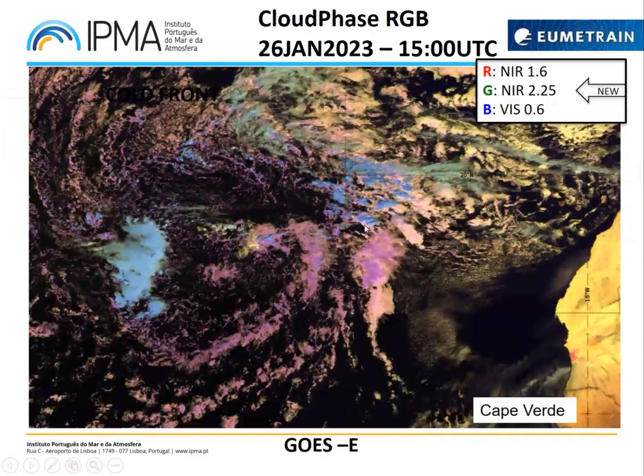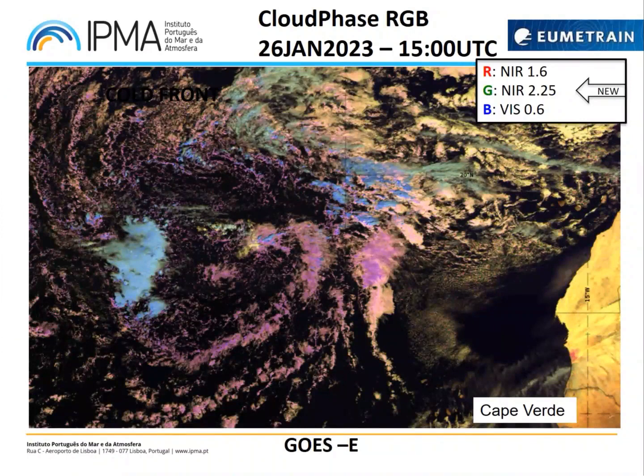And this is a different view, from a different perspective, of the low pressure system southwest of the Azores. This is a GOES East Cloud Phase RGB from yesterday. And this RGB will be available with MTG very soon.